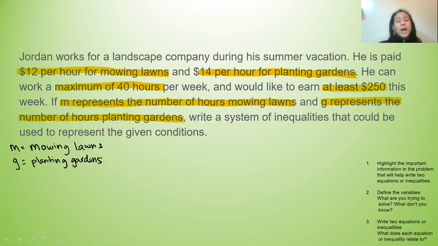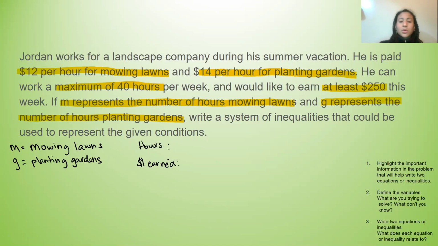What do you think our two inequalities are going to be talking about? The first inequality is talking about the hours that he worked. And then the second inequality is talking about the money that he's earning.